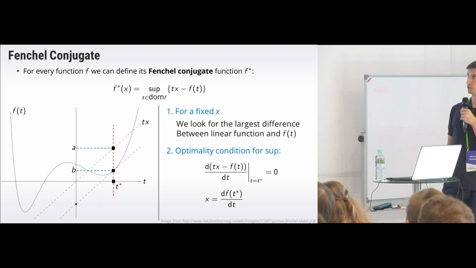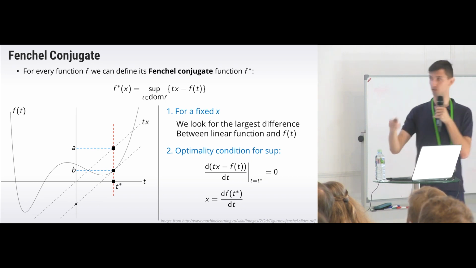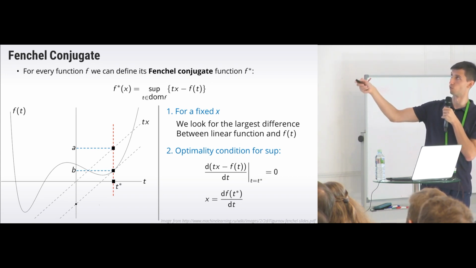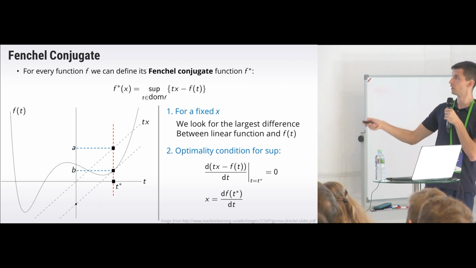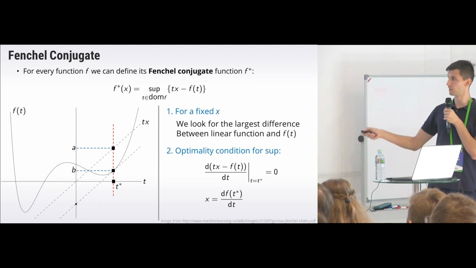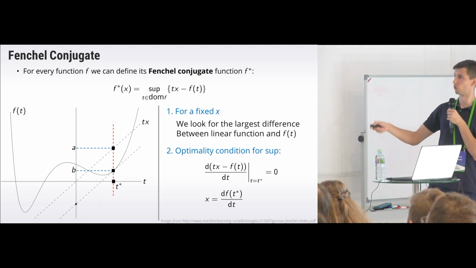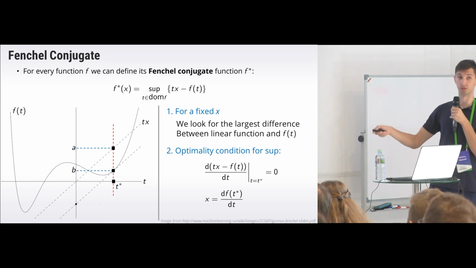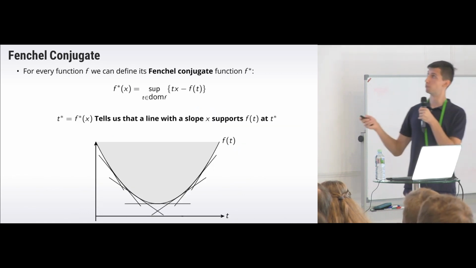It's really easy to see. If t star maximizes this quantity, let's just write the definition of supremum, take the gradient of what's inside with respect to t and set it to 0. Then we derive that x is exactly the gradient of f of t at the point t star.